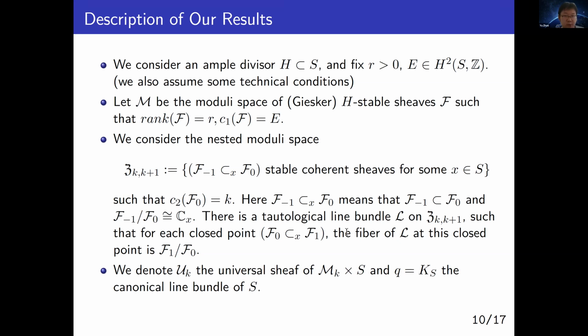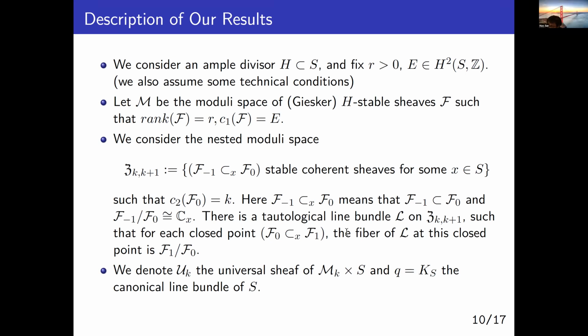So any question right now? I have a small question. In the third point, you define the tautological line bundle. Yes. And for each closed point, F0 in F-1, is it F-1 in F0? Yes, F-1, sorry, F-1 inside F0. Okay.